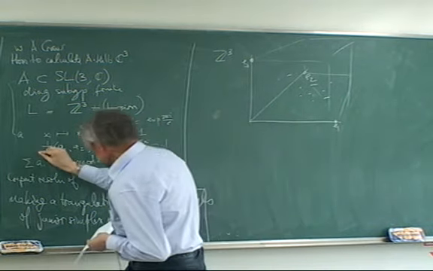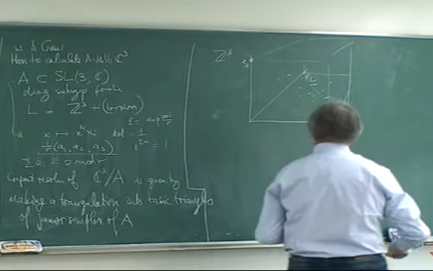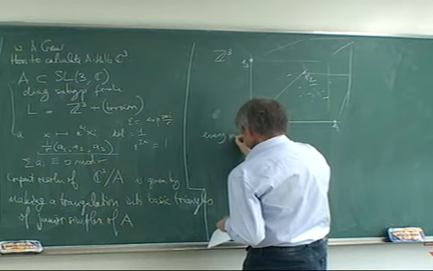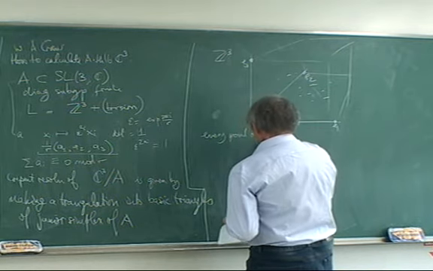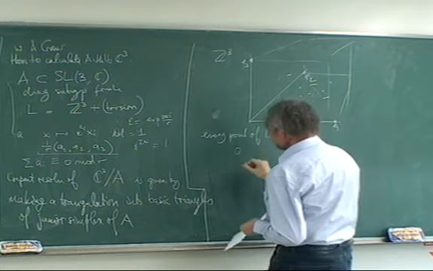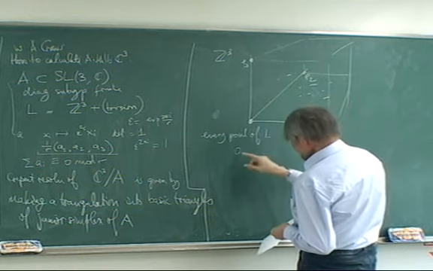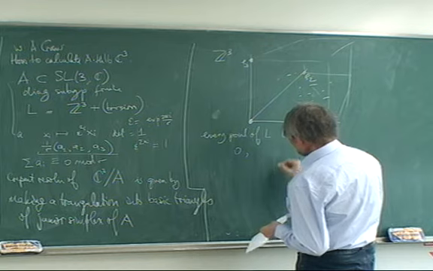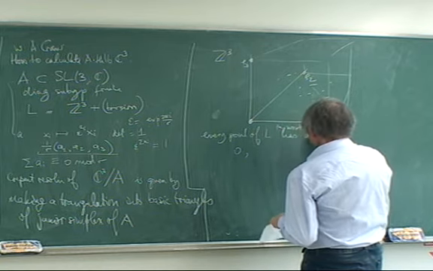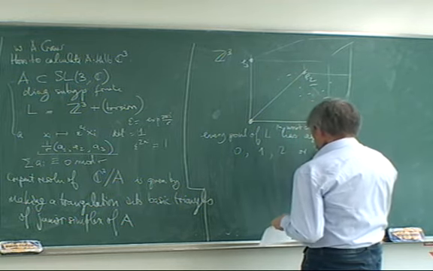However, I have this condition that the ai sum is congruent to 0 mod r, and that means every point of L has age. So 0, that's the origin, has age 0. Every point of L in the unit cube has age 0, 1, 2, or 3. Right?